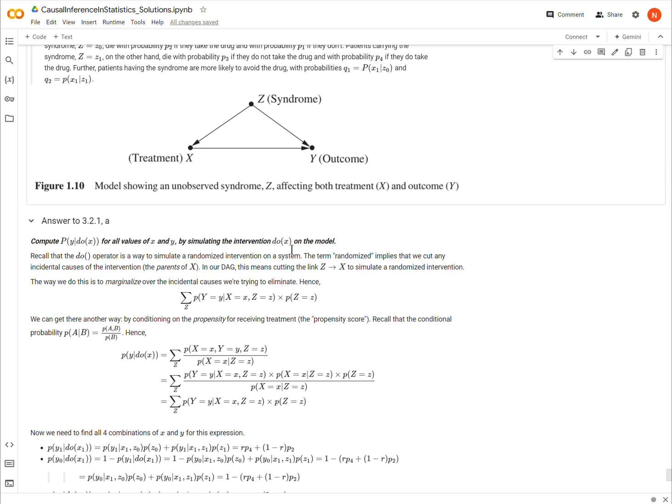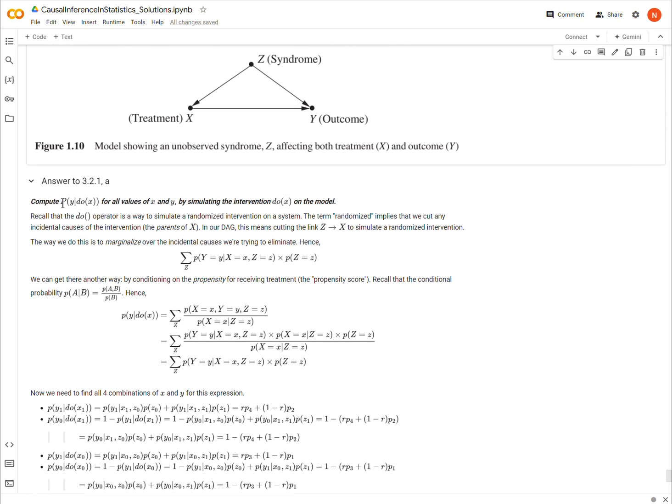So for part A, we are meant to compute the probability of Y given do X for all values of X and Y by simulating an intervention do X on the model. Remember that the do operator is a way of simulating a randomized intervention on a system. In our data, it is probably the case, given the context of the question, that who received the treatment was not random.